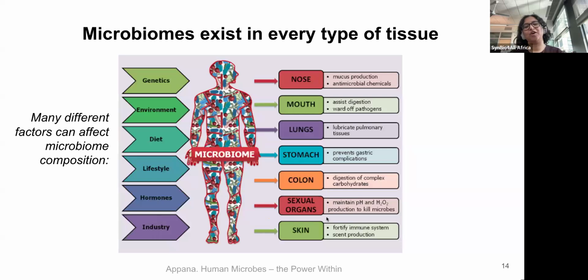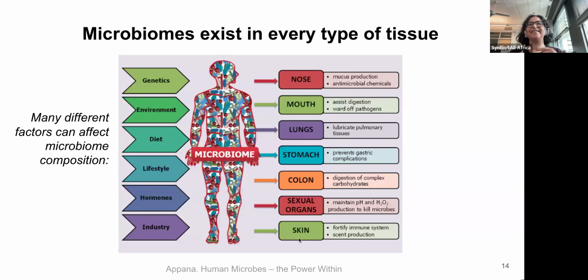And the microbiome works in harmony with a bunch of different organs in the body and aids in the proper functioning of a human being. And what you can see on the right-hand side of this figure are just some examples of that. Like, for example, the nose, you need that mucus production that we were talking about earlier. Or I like thinking about the skin, because on your skin there's its own microbiome and it's preventing you from interacting with all of the different bad bugs that are actually in our environment.